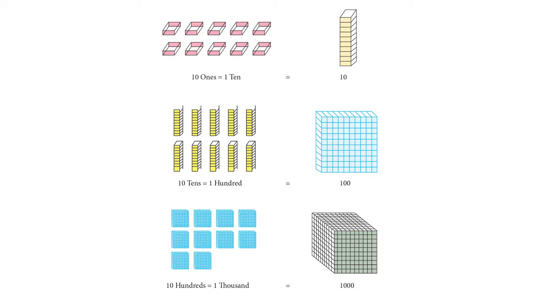That is the 10 blocks. Anything in ones is the same number, right? Next one. 10 in the place of 100, then you will get 100. Then the next one, 10 in the place of 1000, you will get 1000.